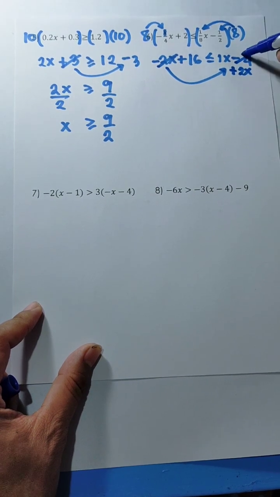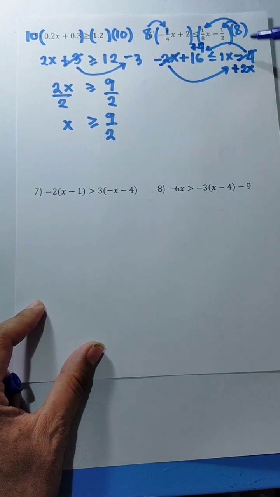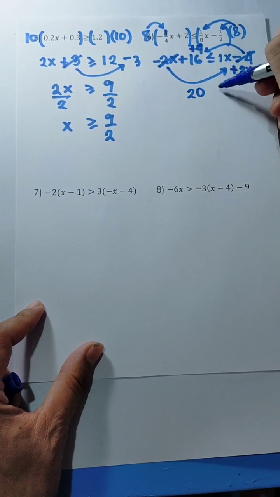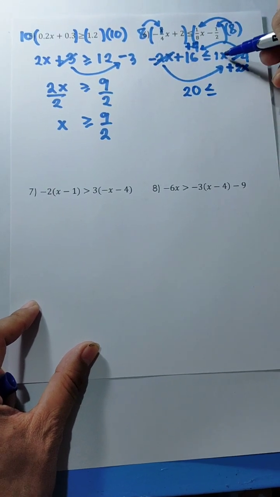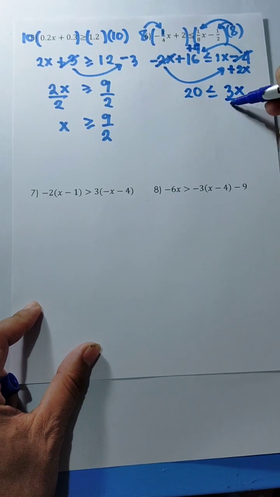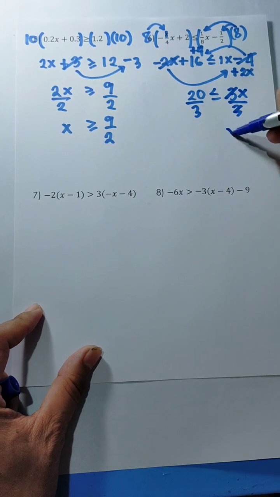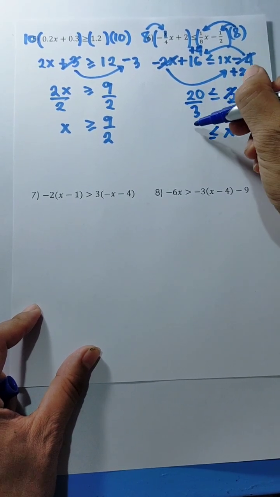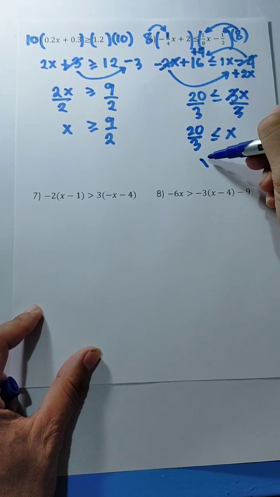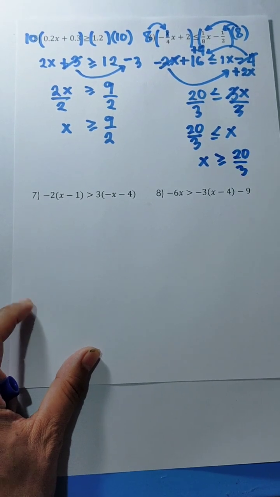Negative 4 becomes plus 4 there. 4 plus 16 is 20. 1x plus 2x is 3x. Divide both sides by 3. X is greater than or equal to 20 over 3, or you can write it as x greater than or equal to 20 over 3.